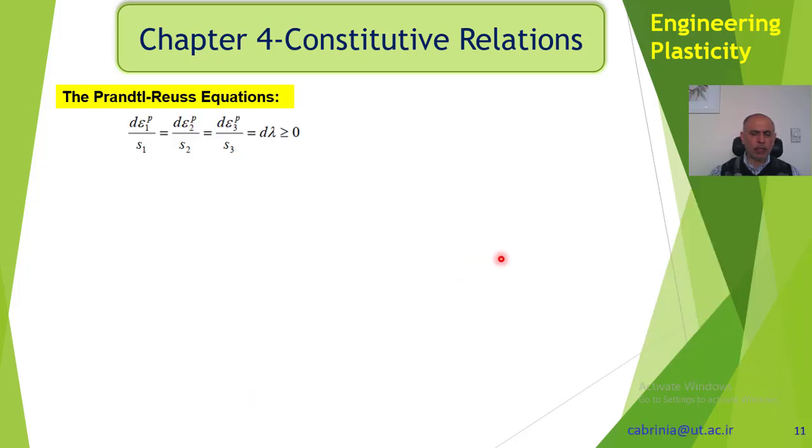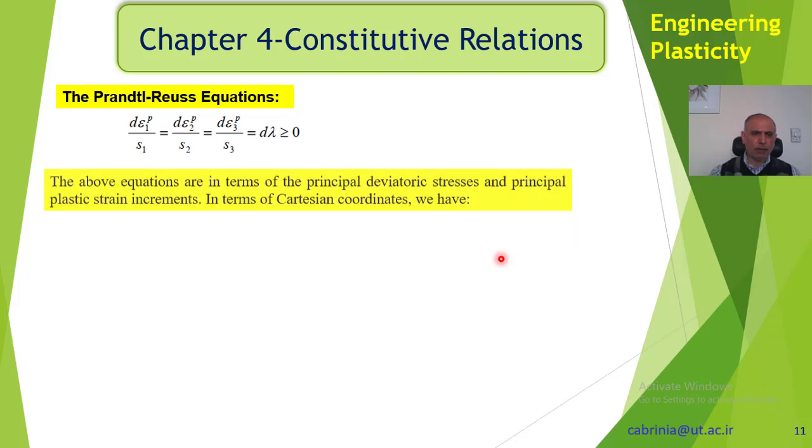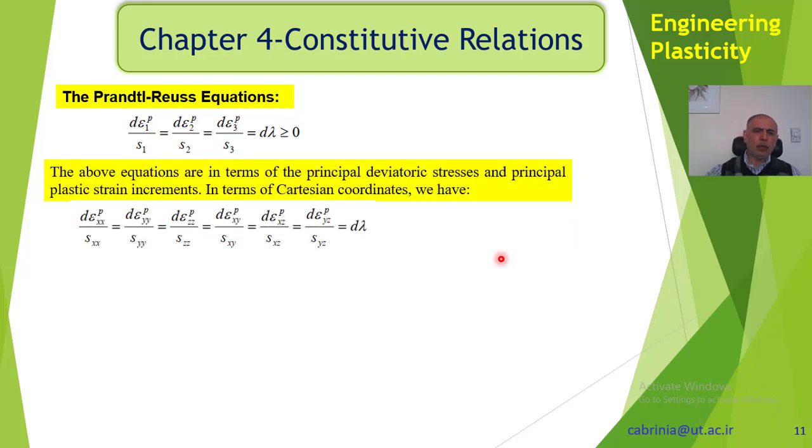Now, the Prandtl-Reuss equation. We could also write this Prandtl-Reuss equation in terms of the plastic strain increments in Cartesian coordinates, like that. These are principal strains. These are the components of strains.